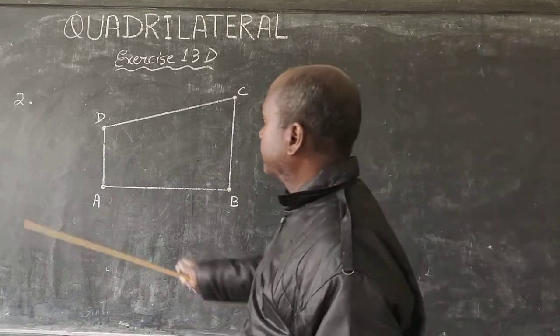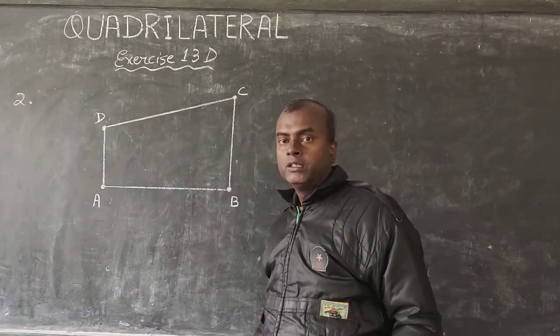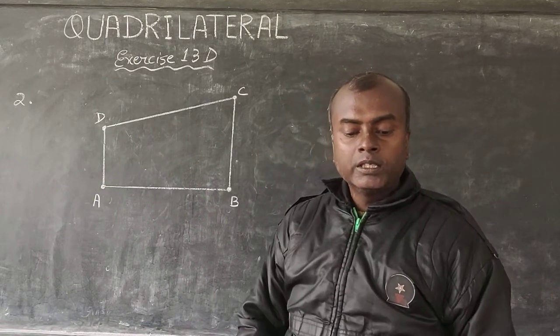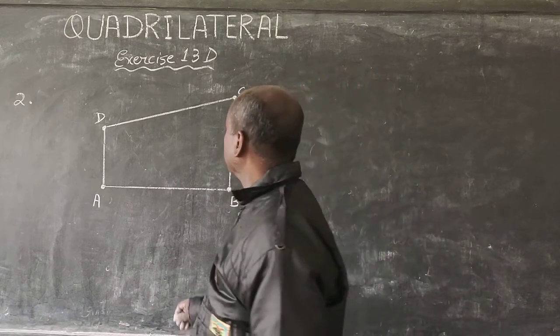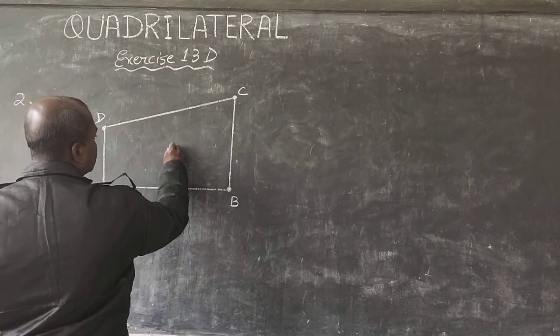Okay, coming to the second question. Here are the figures for the second question. Let's read. Take a point O inside the given quadrilateral. This is a quadrilateral. They are asking to take a point inside the quadrilateral.